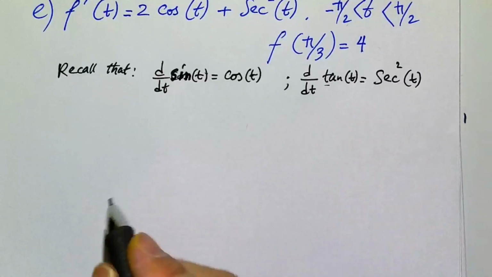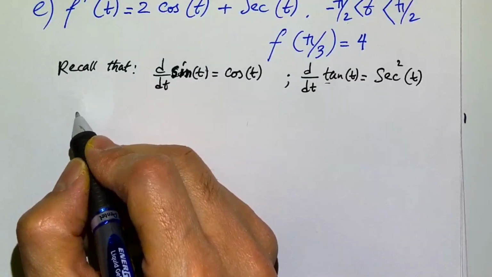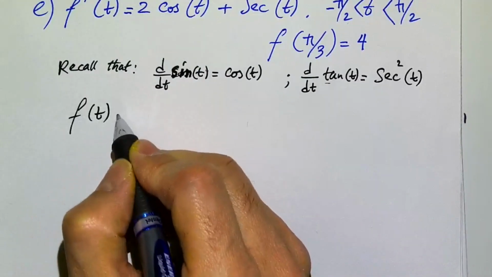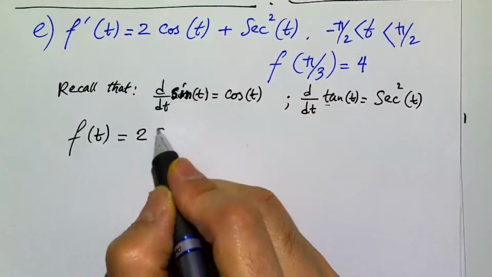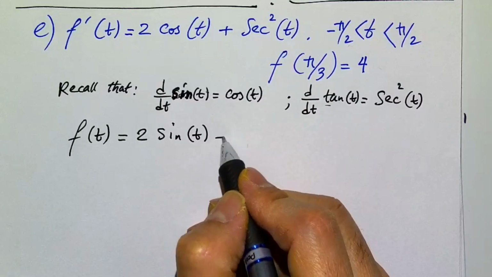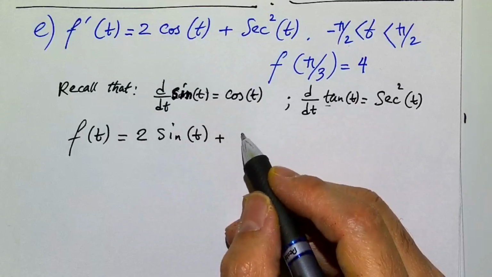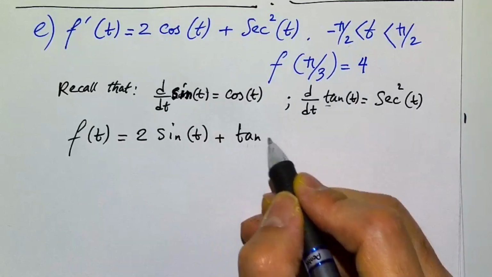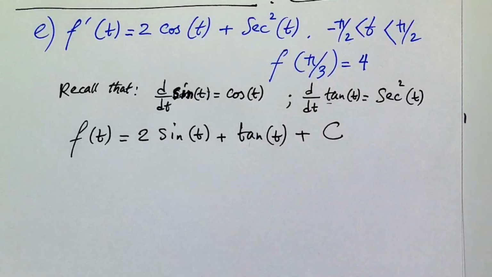Okay, so recalling these two, then we have the antiderivative at t is equal to 2 sine of t, right, plus tangent of t for that one, plus, of course, the constant, right?